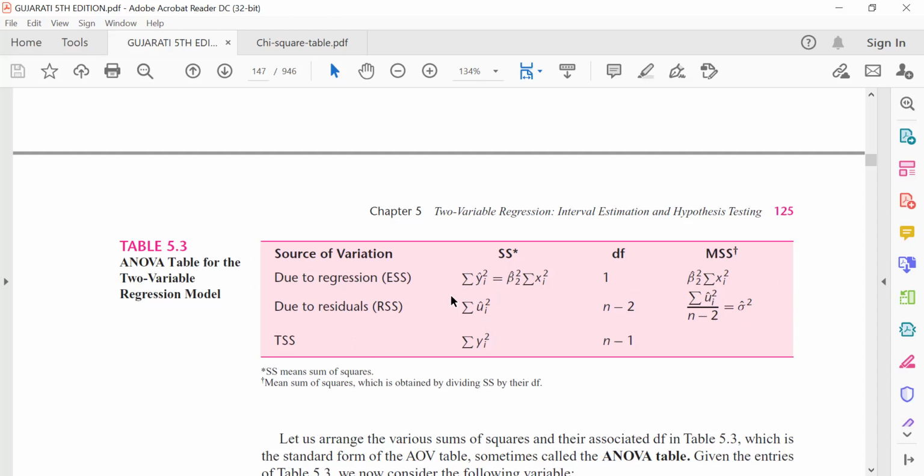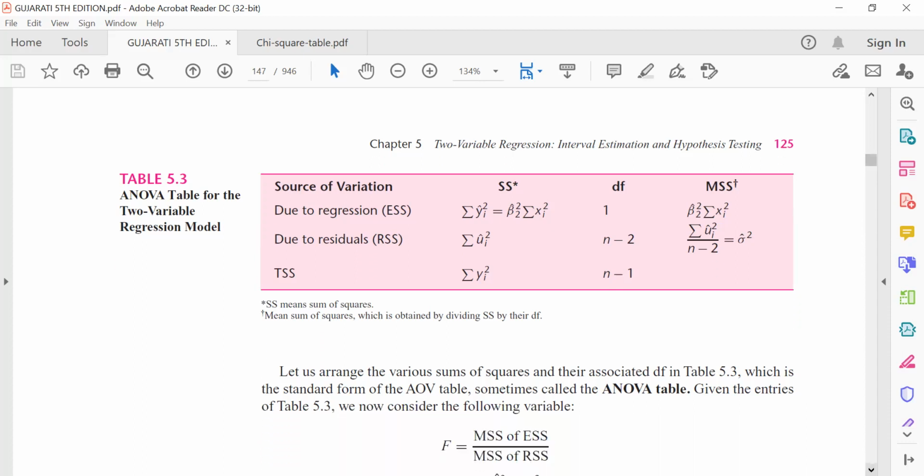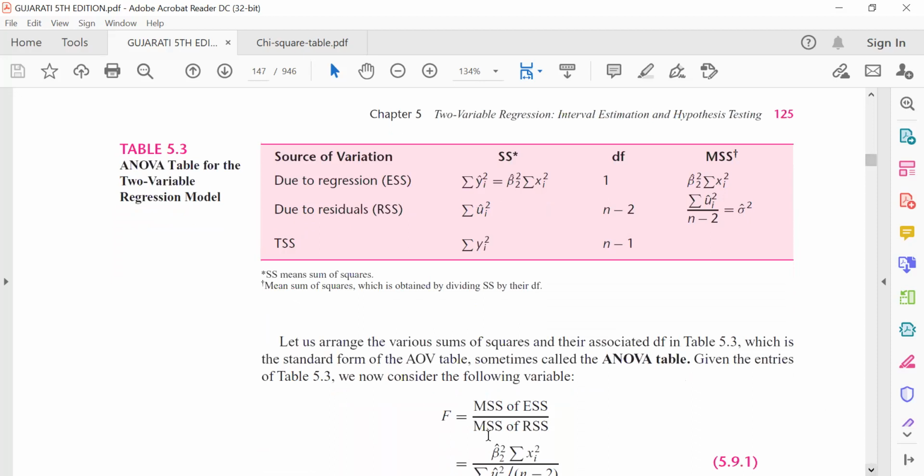If we add this ESS with RSS, we get the total sum of squares. Here n minus 1, because we have k minus 1 and n minus k; we add n minus k plus k minus 1, we get n minus 1. This is a very powerful table, the table of ANOVA.